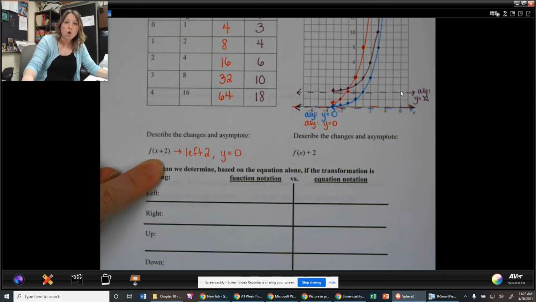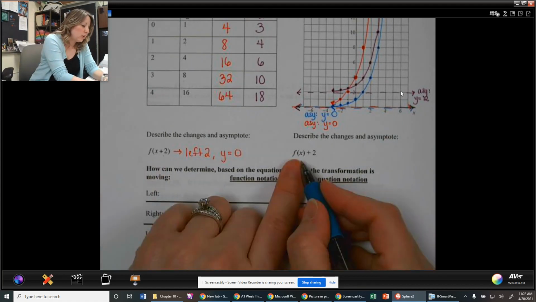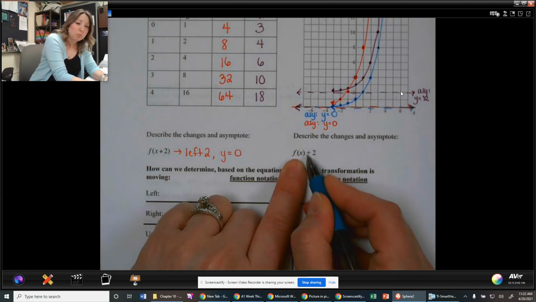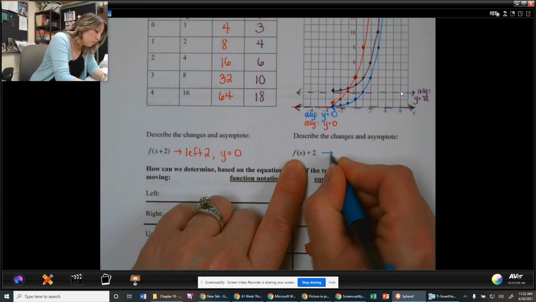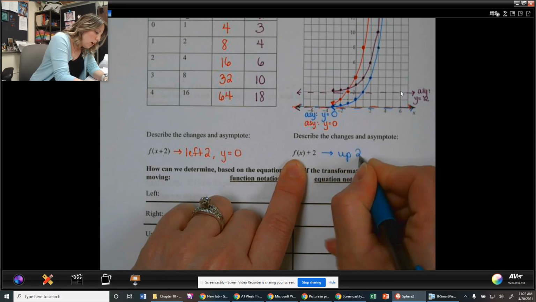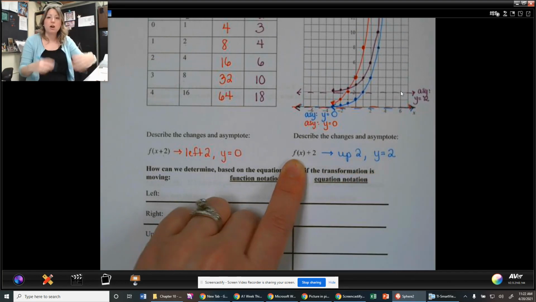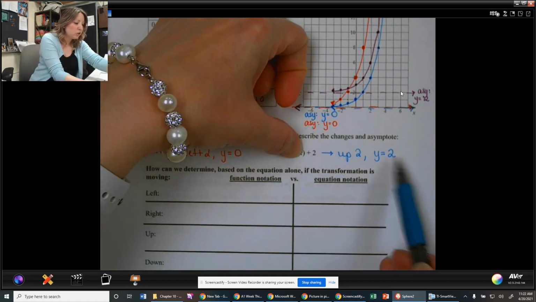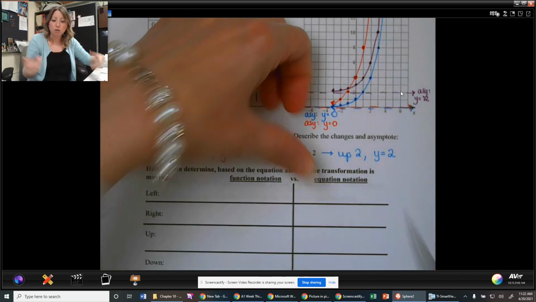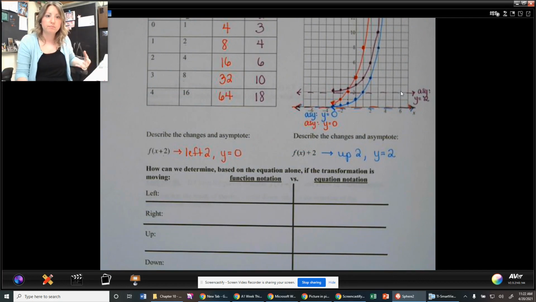When we made the changes here, it's plus 2 at the end, so we moved up 2, and our asymptote is now y equals 2, because that number at the end determines the y value of my asymptote.